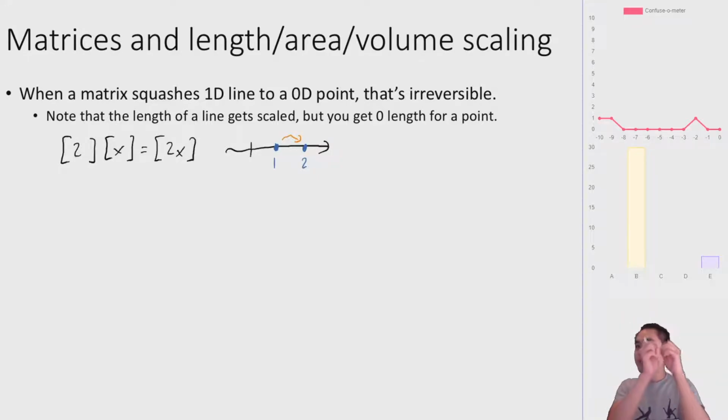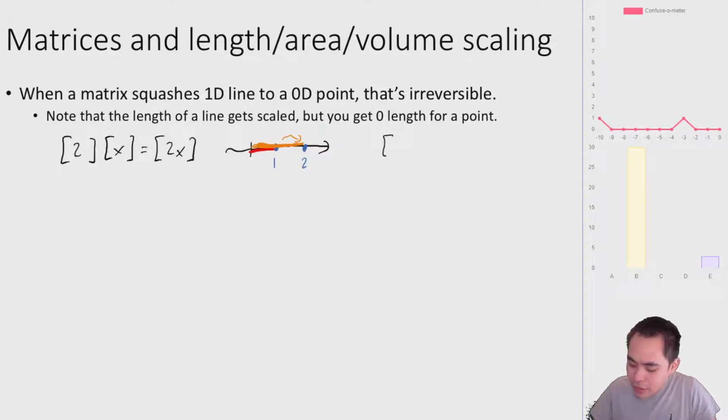Because you've scaled everything up by 2, and you can shrink everything down by 2. The line that corresponds to that vector is length 1. If you take that line and scale it, you end up with a new line which is length 2. So you go from a length 1 line to a length 2 line.